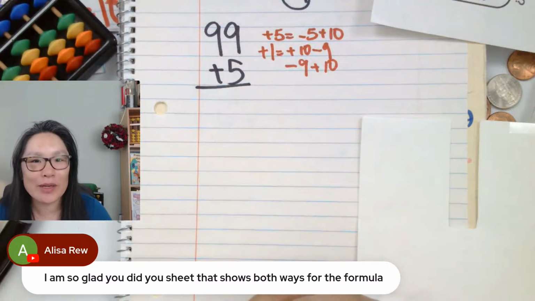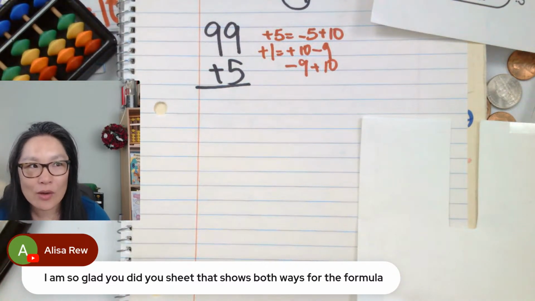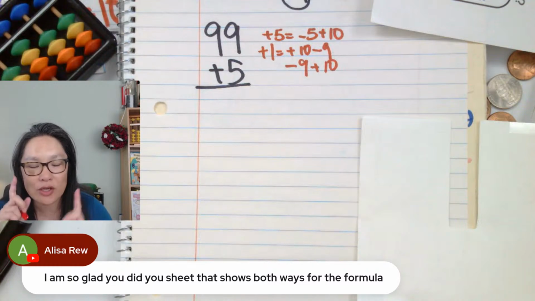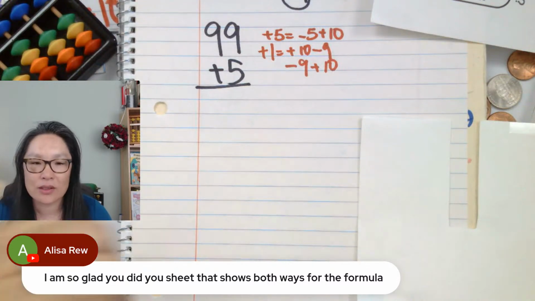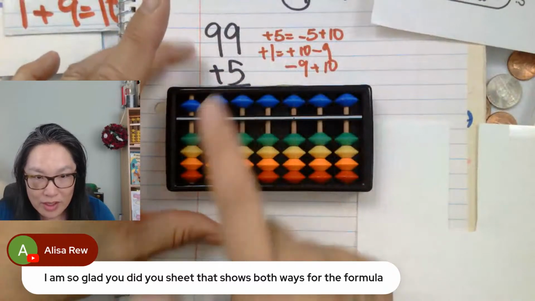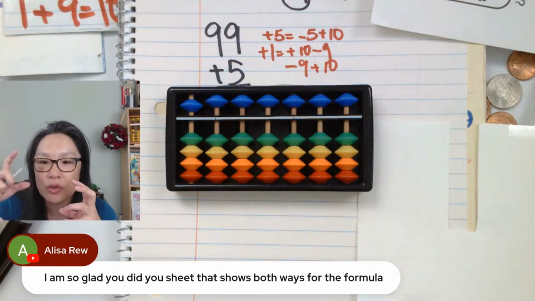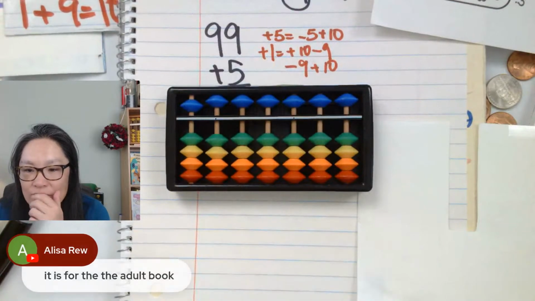I do appreciate your question because it was like, why did we do it? I was trying to find many ways, and this is the reason why. Depending on where our numbers are, we don't want to be restricted to one way. Is this for the adult book?